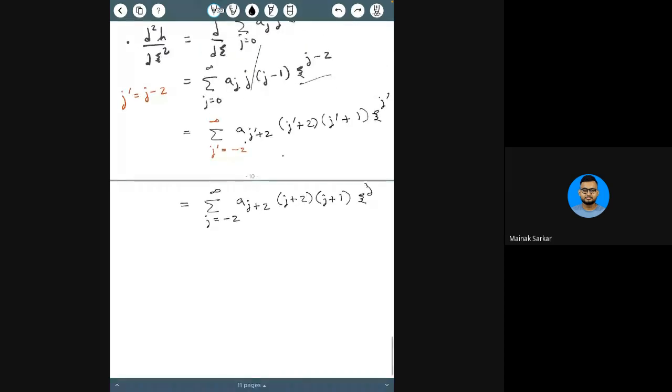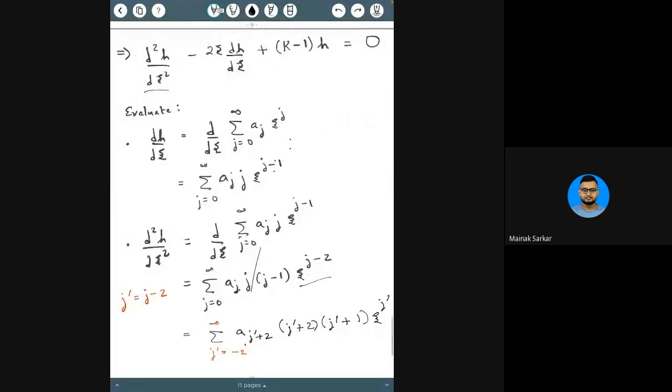Okay, yeah. Tell me. Yes, ma'am. It shouldn't be j equal to -2, it should be just j equal to 0. Indices should start from 0. In the series, I mean, j prime equal to 0.